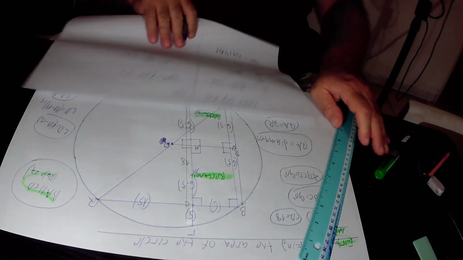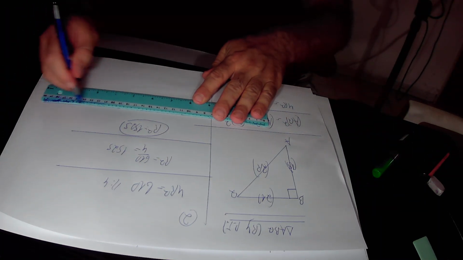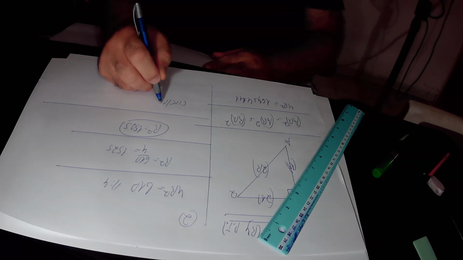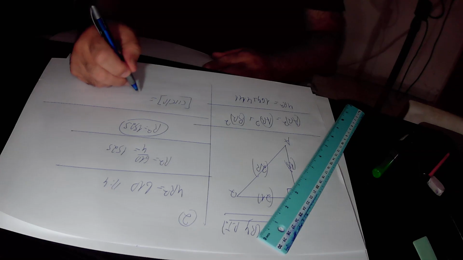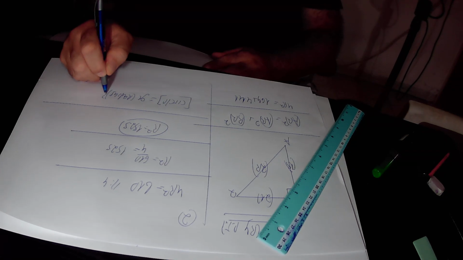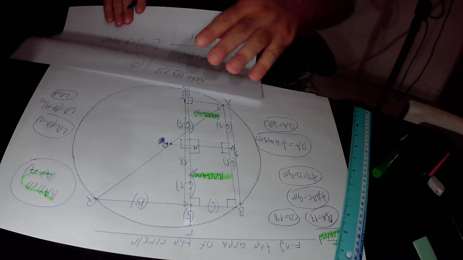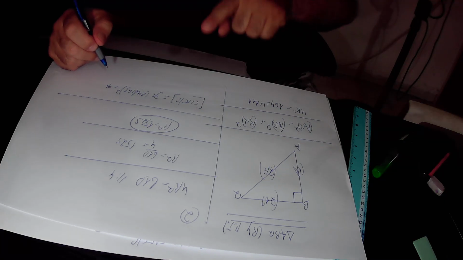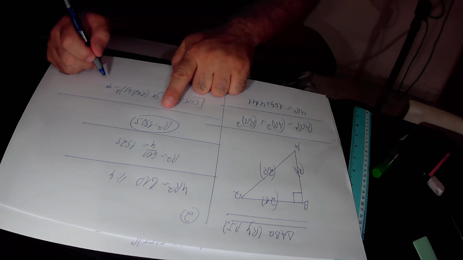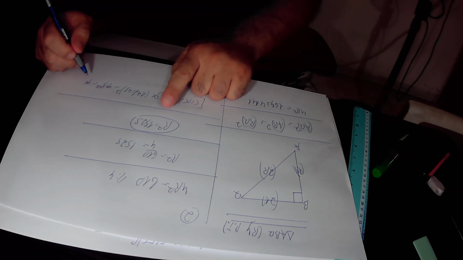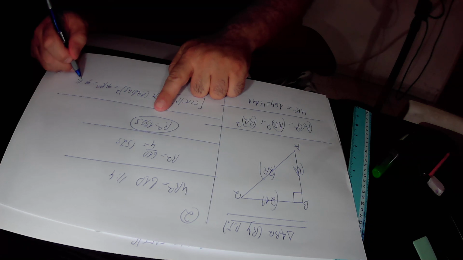Our task is to find out the area of this circle. The area of any circle equals pi times the radius of the circle squared. Therefore, the area of the circle must be equal to pi times R squared, and R squared is 152.5.